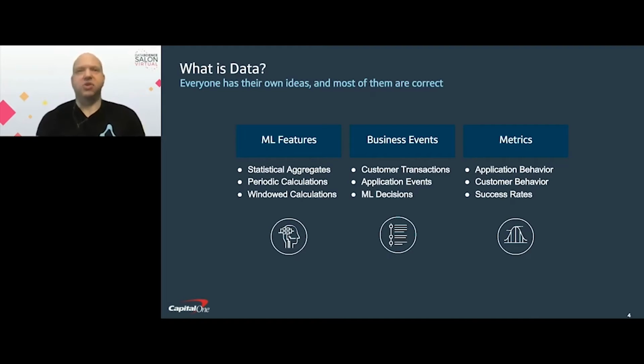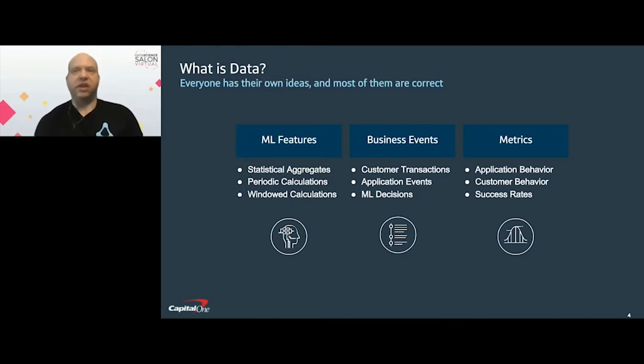Business events. So these are just the raw things. Most of the financial industry is used to thinking of customer transactions as a very specific type of data. Ultimately, these are just business events. They're the same as gathering a click stream off of a web app or being able to understand individual customer requests from a mobile application.